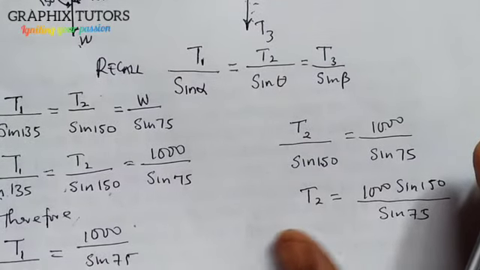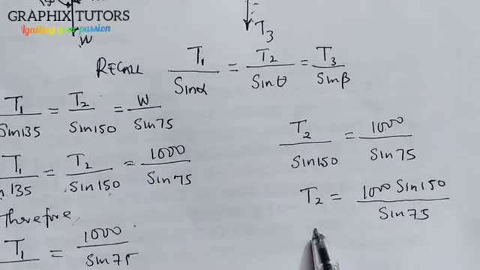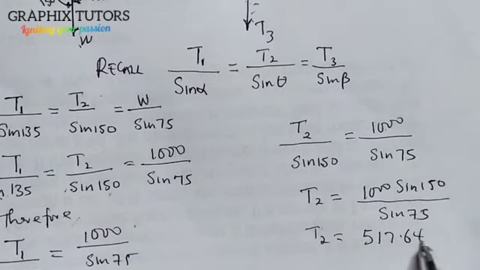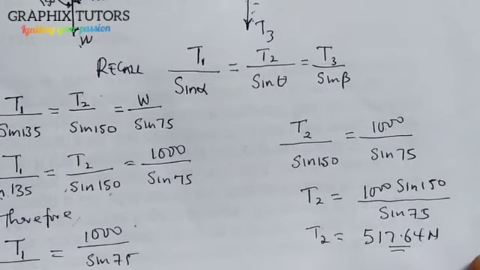Applying your calculator here, sine 150 is giving us 0.5 times 1000, that will give me 500, divided by sine 75. So we're having 517.64 Newton. So that's our T2.